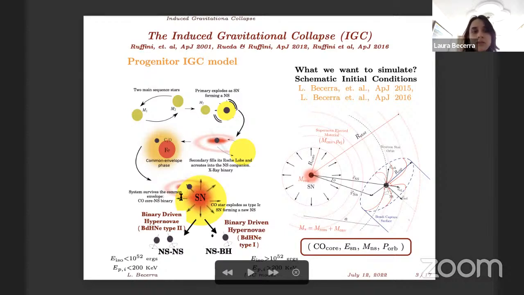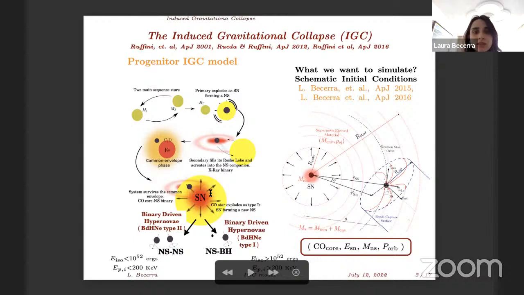This scenario we have called a binary driven hypernova of type 1. If the system remains bound, it will be formed by a neutron star that will be the remnant of the collapse of the carbon-oxygen core and the black hole that will come from the collapse of the neutron star companion. This system is characterized by energy greater than 10^52 erg.